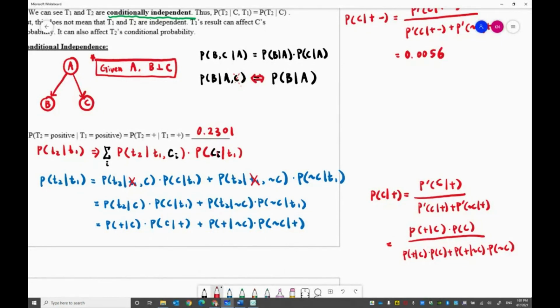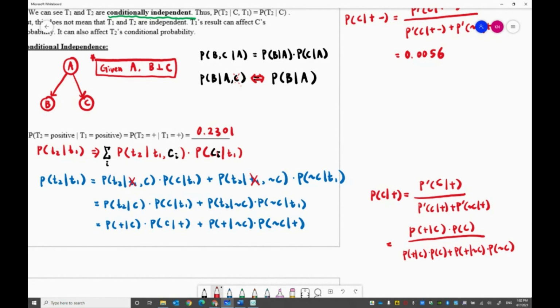Then tester 2 is positive, means I can just use the positive. I rewrote this one for my convenience because they are the same tester. I know the probability of positive given C. It's given. But I do not know the probability of C given positive.